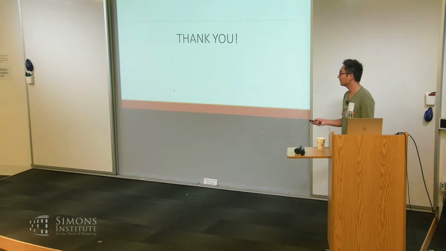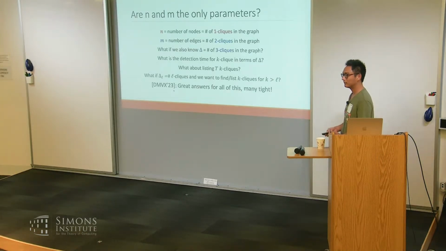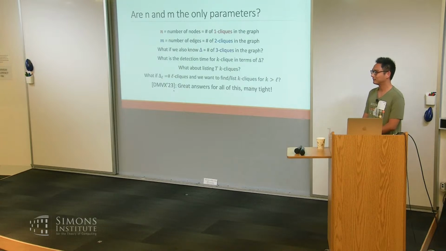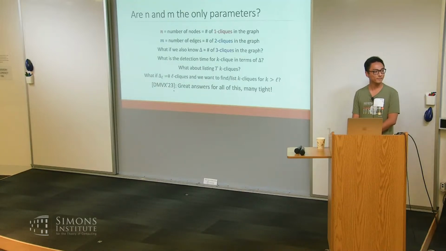Can you go back one slide? I have a question for Hung and Mahmoud. How would an instance optimal algorithm work on triangles? Because now you know the number of triangles that need to be reported.